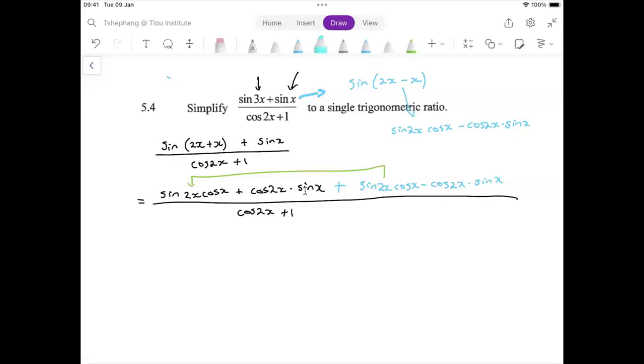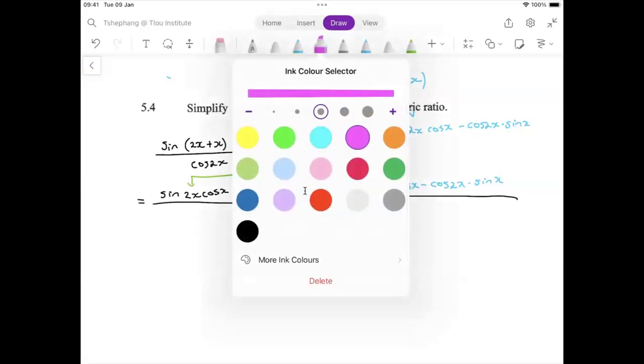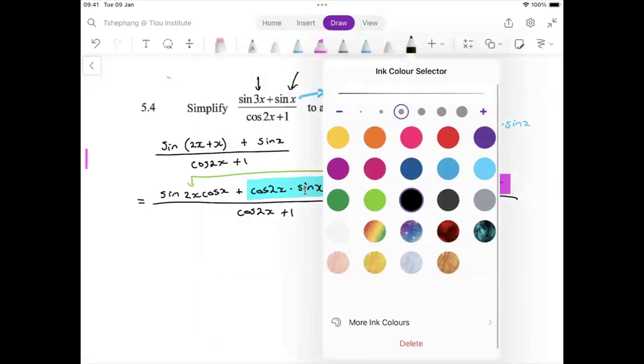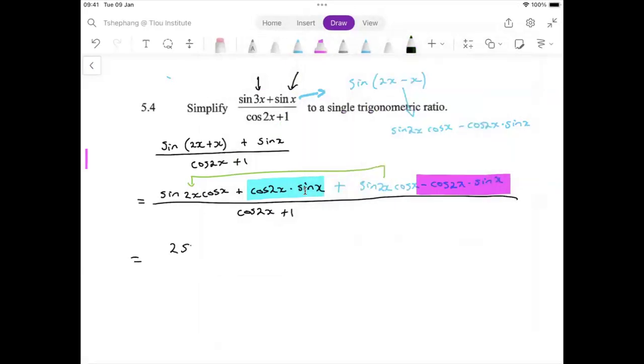But cos 2x sine x, there's a negative in front, so those ones can deal with each other. Now, simplified, we have 2 sine 2x multiplied by cos of x, and then over cos 2x plus 1.